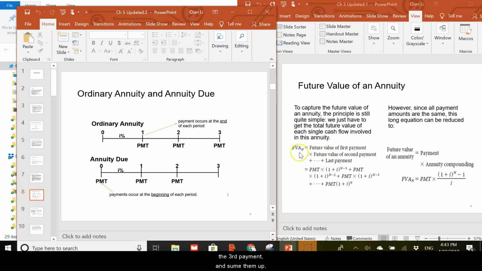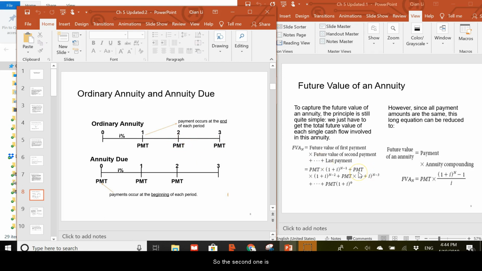So that's why, if we want to put it as a formula, we have the future value of this ordinary annuity as payment, the first payment, multiplied by (1 + i) to the power of N minus 1. Because between the first payment and the end of this annuity, how many years do we have? N minus 1 years. Now in this case, N is 3, so you have 2 years. For the second payment, you have 1 year, which is N minus 2, or say 3 minus 2.